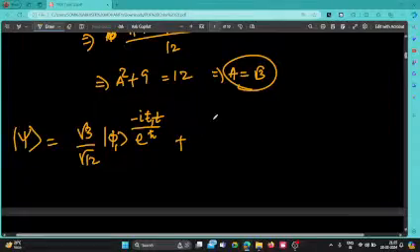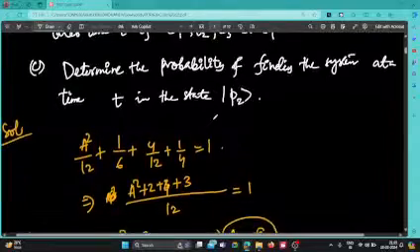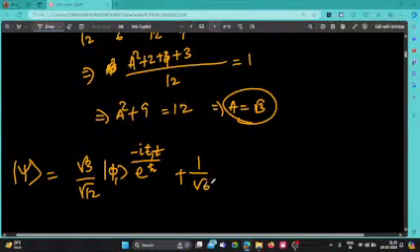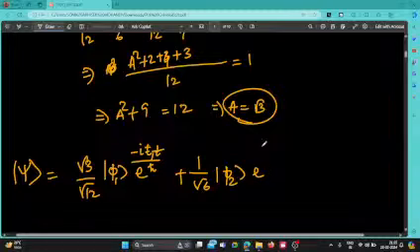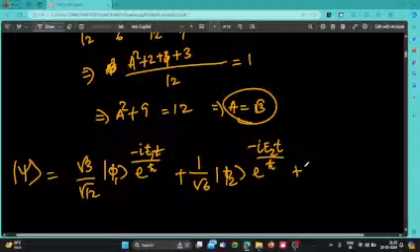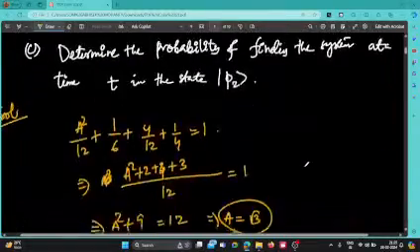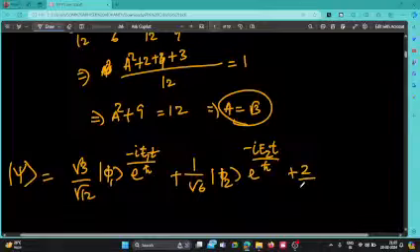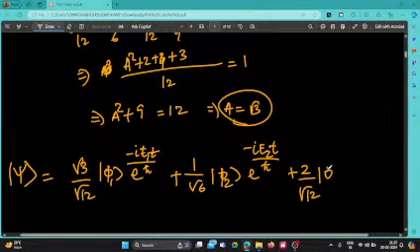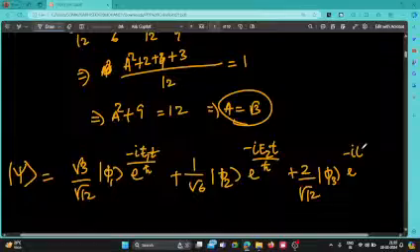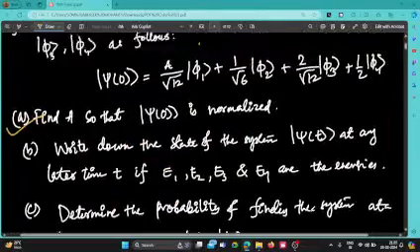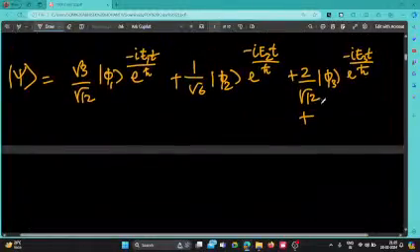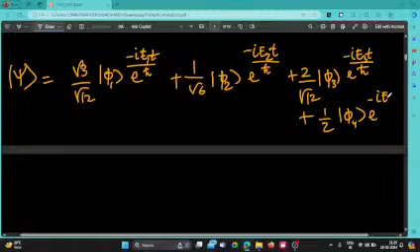Plus again, what was the second term? 1 by root 6 phi 2 e to the power minus i E2 t by h cut plus 2 by root 12 phi 3 e to the power minus i E3 t by h cut plus 1 by 2 phi 4 e to the power minus i E4 t by h cut.